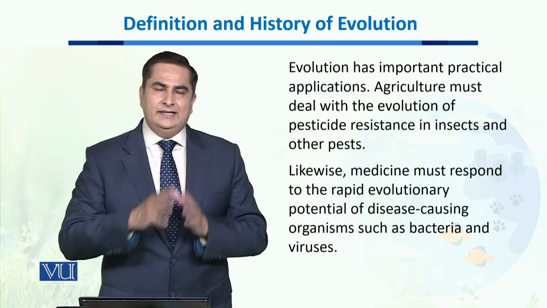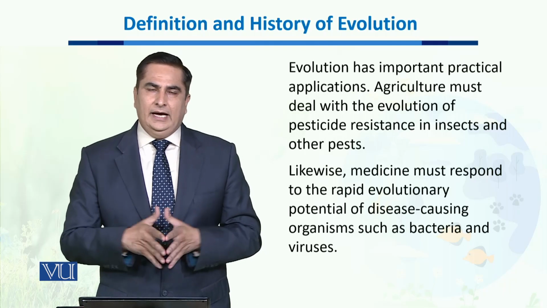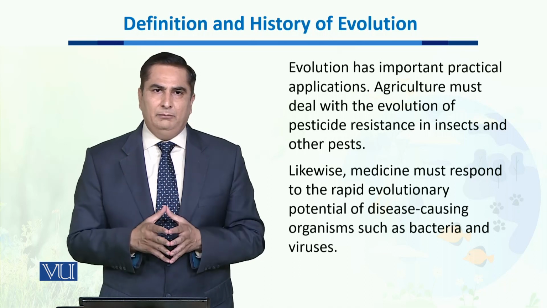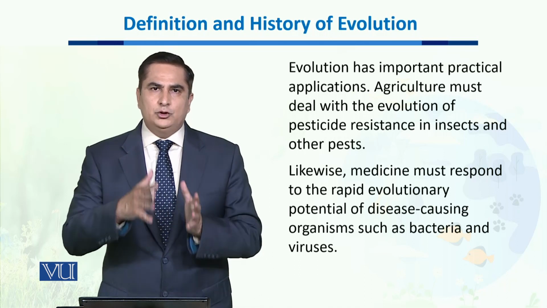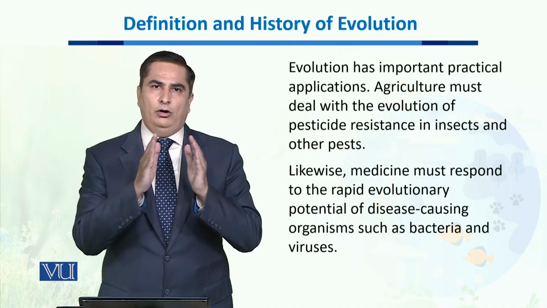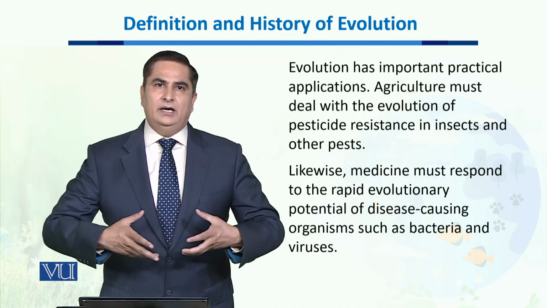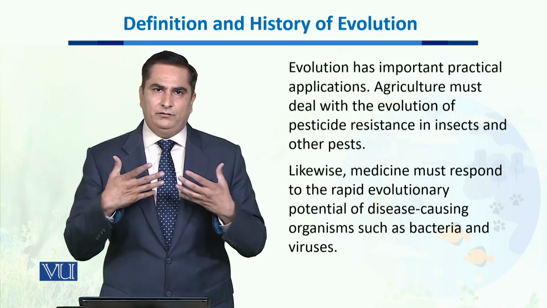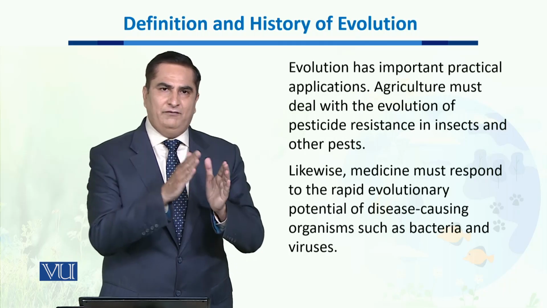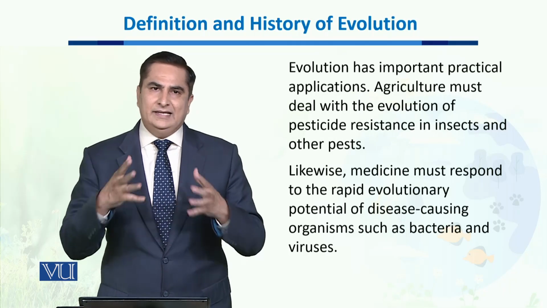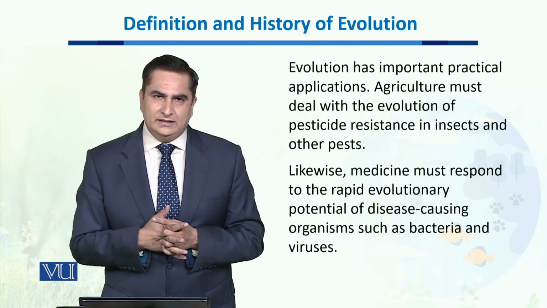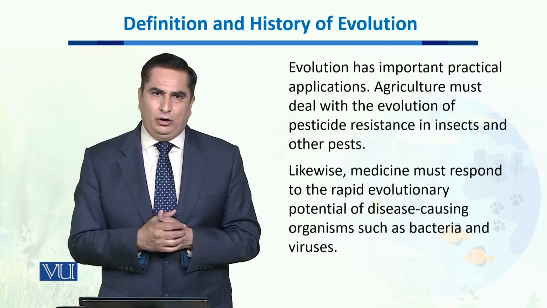Just like the antibiotics, as we are aware that certain antibiotics have become non-responsive towards new bacteria or species because of the evolution, because of the changes in the DNA of those microorganisms. Those antibiotics are no more effective against the latest strains of microorganisms.